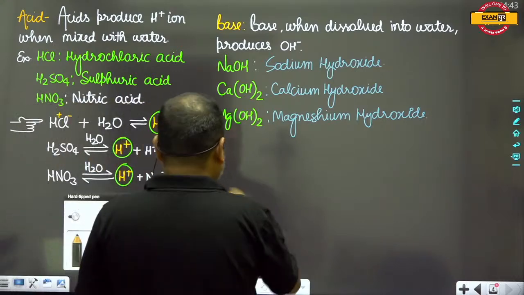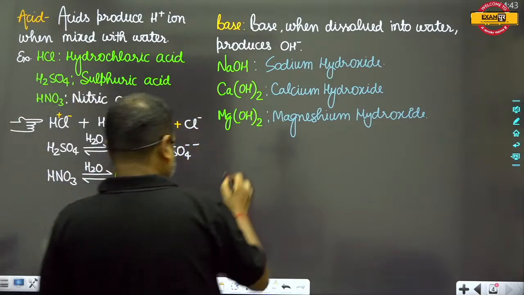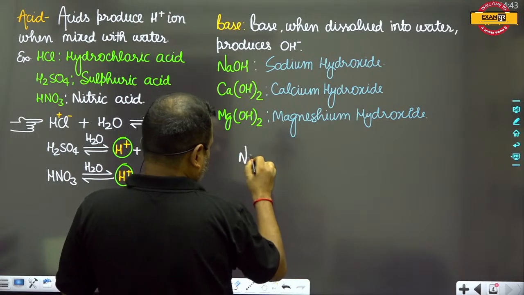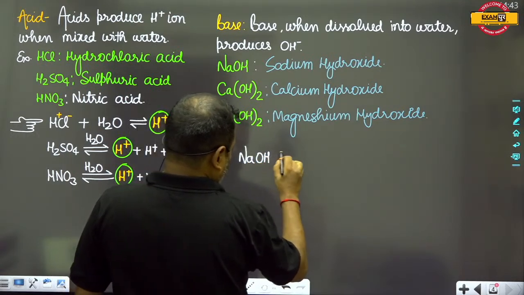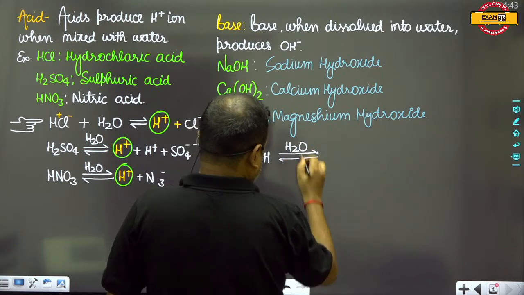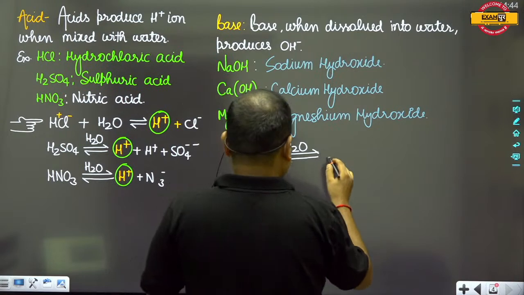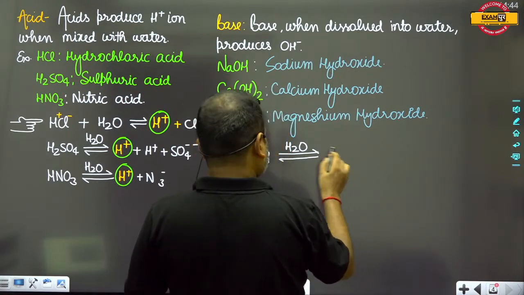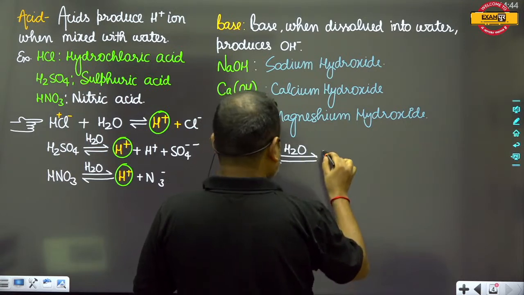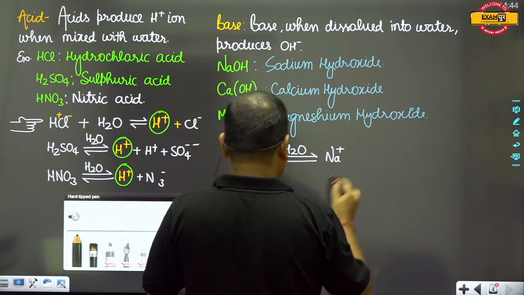When dissolved into water, they produce OH minus ions. Just like NaOH, when dissolved into H2O, gives Na plus plus OH minus.